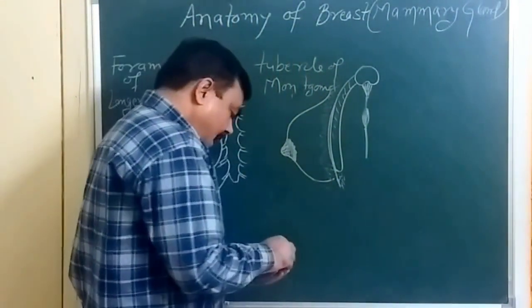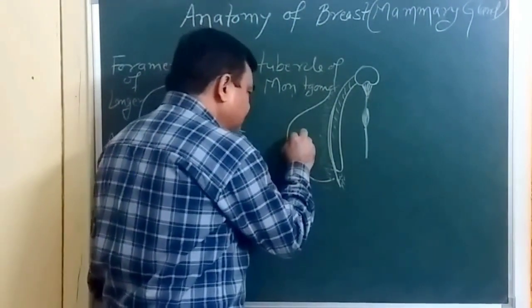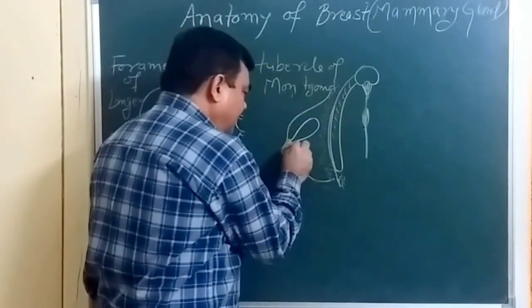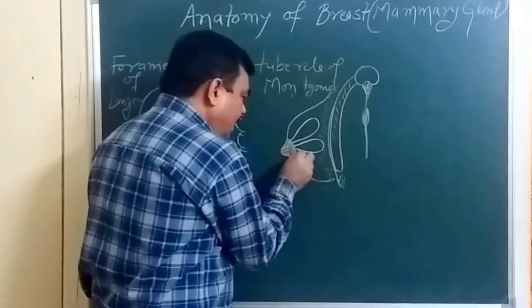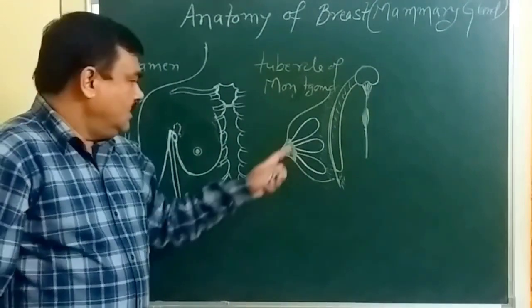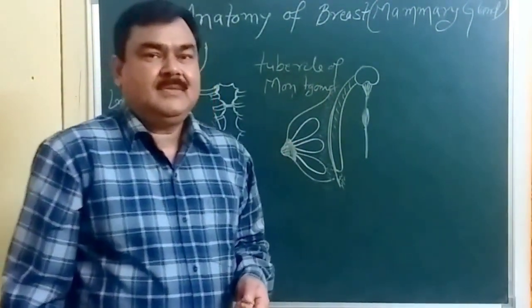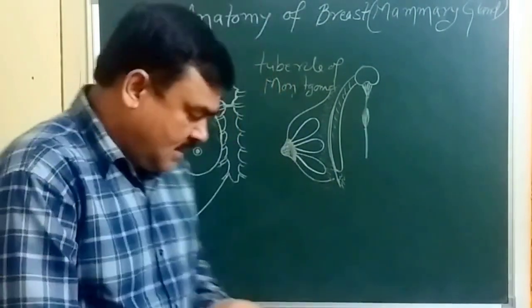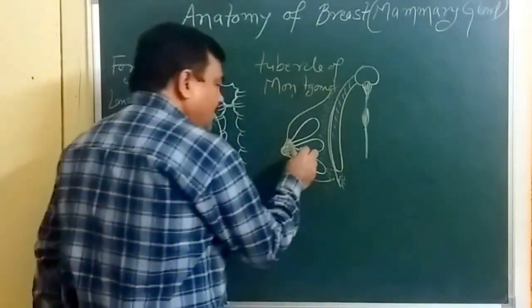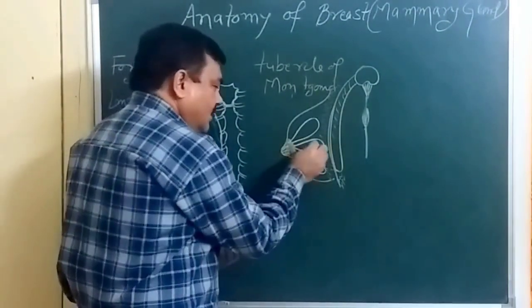Here the gland is present in 15 to 20 lobes. These lobes secrete milk, and the secretion passes through a duct.